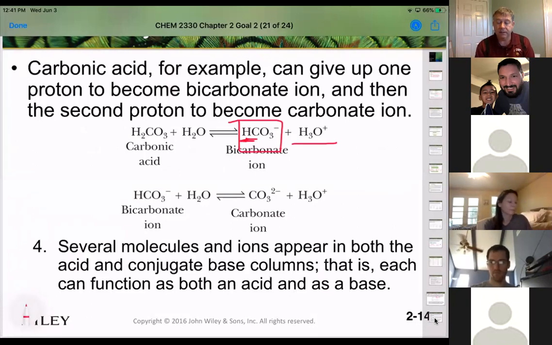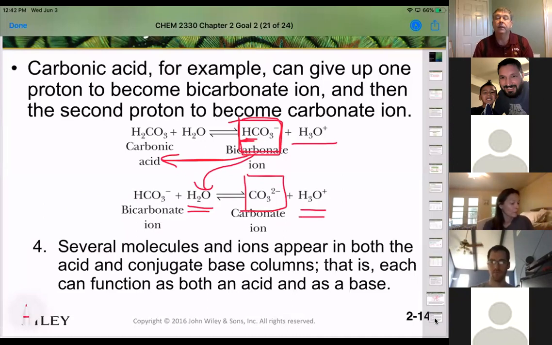So this can act as a Bronsted-Lowry base by accepting a proton and going back, or it can act as an acid with another equivalent of water as the base to generate the now completely deprotonated carbonate anion and another equivalent of the hydronium ion, okay? So that's one of the interesting things.